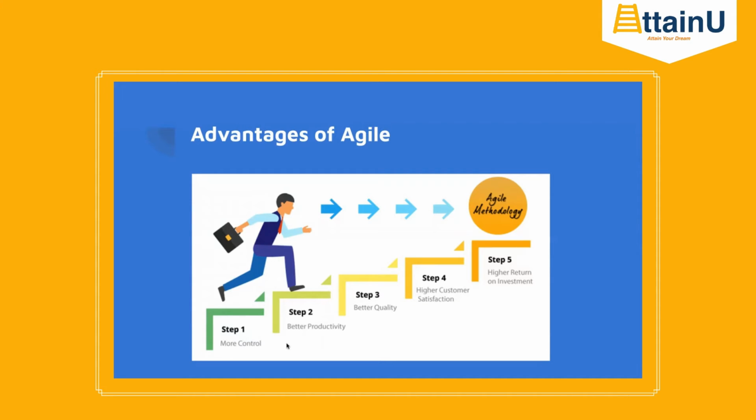For example, if you're going to build a very new technology, if you are going to build a copy of Amazon for your own company, you can deliver small chunks of features so that you get in the market very early.